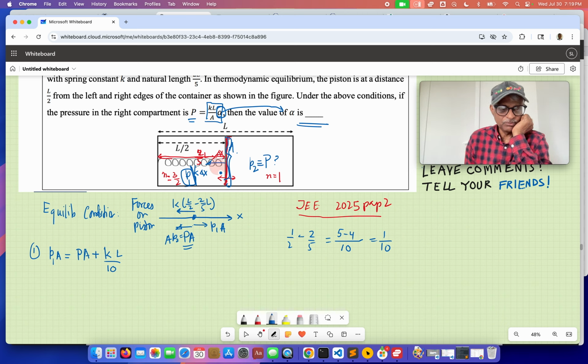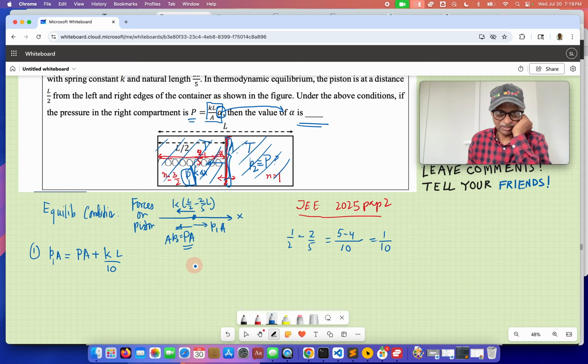The second equation comes from the equilibrium of temperature. The temperature on this side must be the same as on this side. Another thing we find is that the volume here is the same as the volume here.